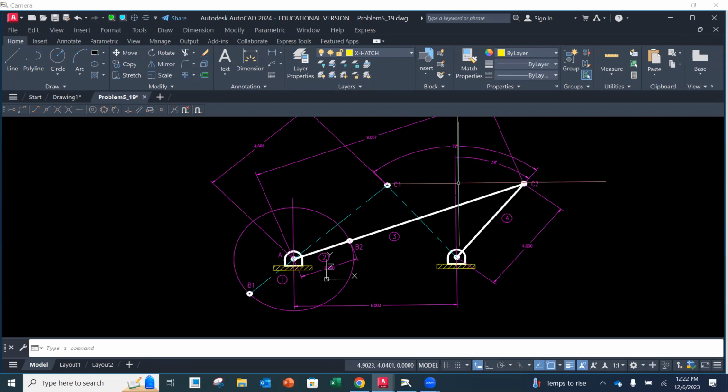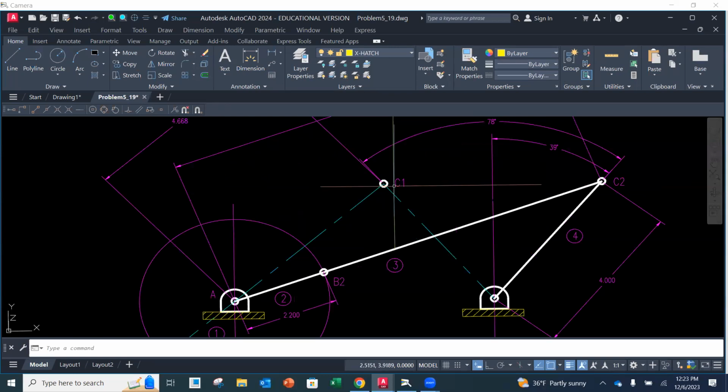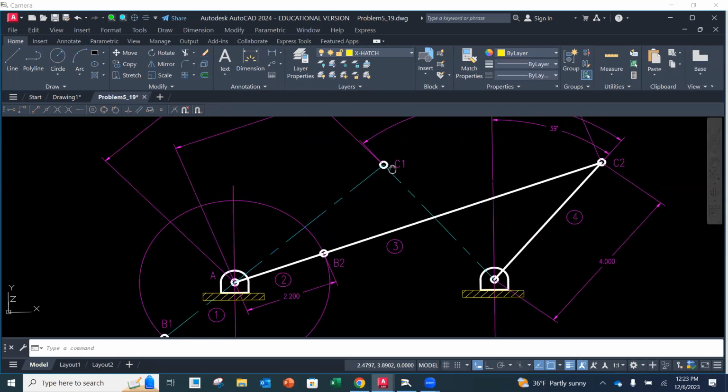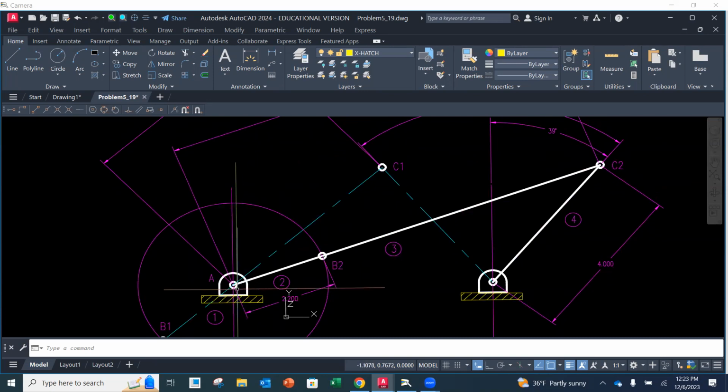That set up, with 4 inches in length for link number 4, my C2 value there. Do you see that? And then going back the 78 degrees, here's my C1 value, or my position. Point A is here.